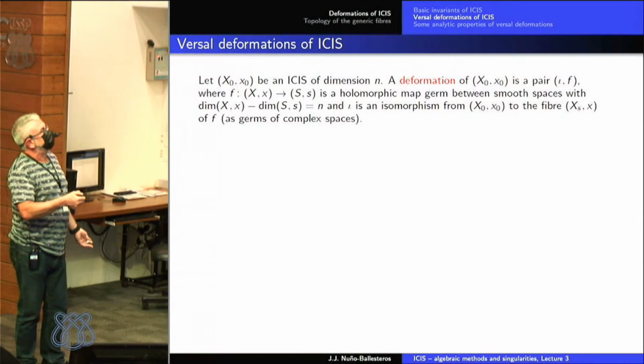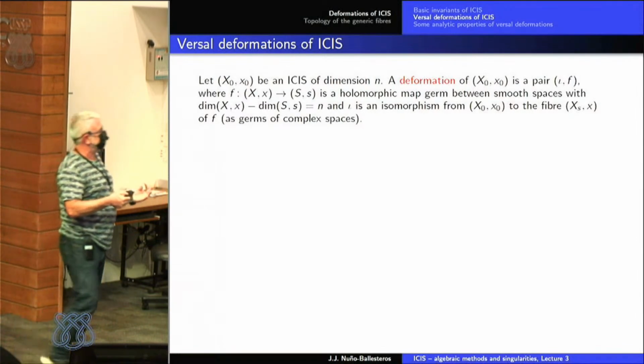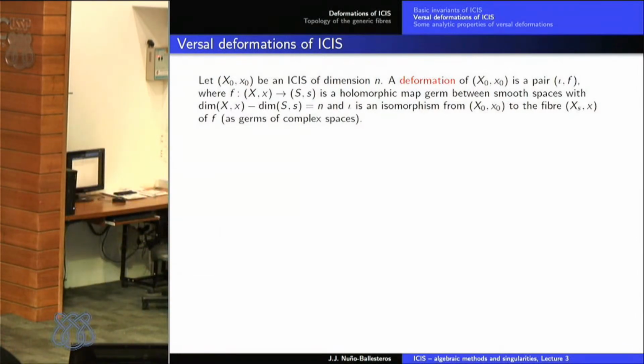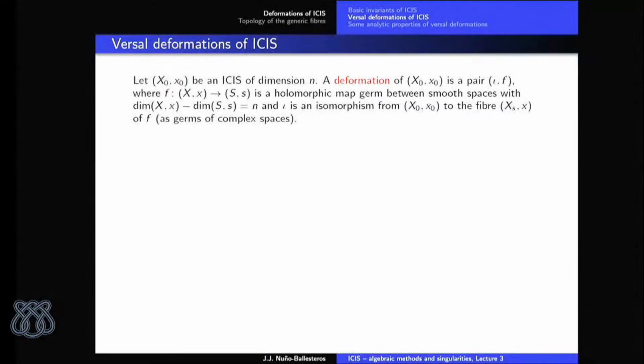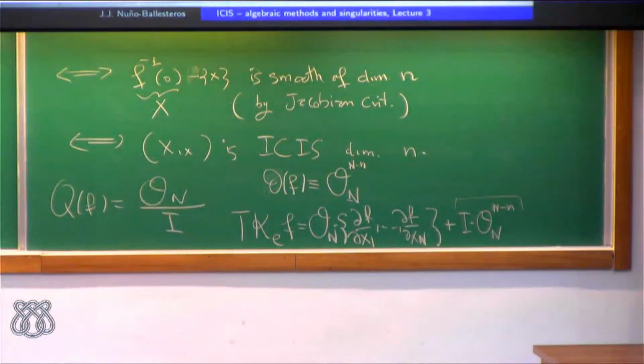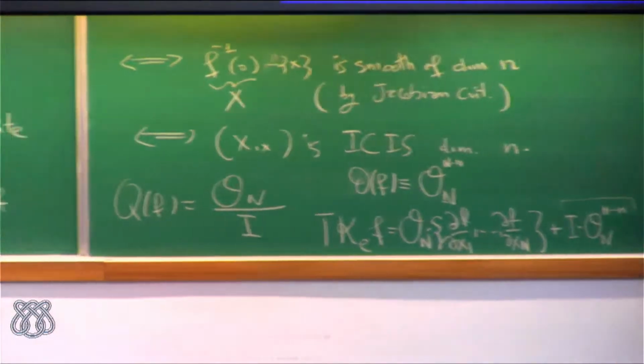Roughly speaking, when we define an ICIS, we take a mapping like this, but we want to do it in a coordinate-independent way.